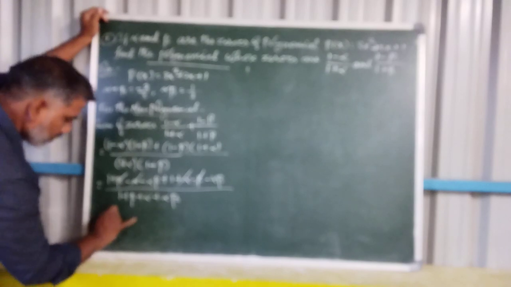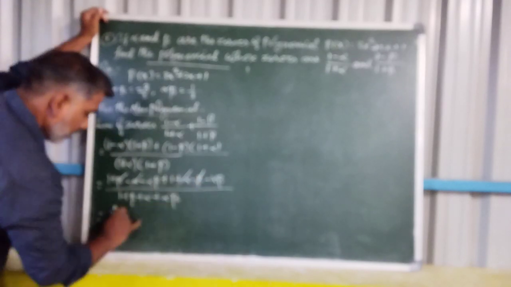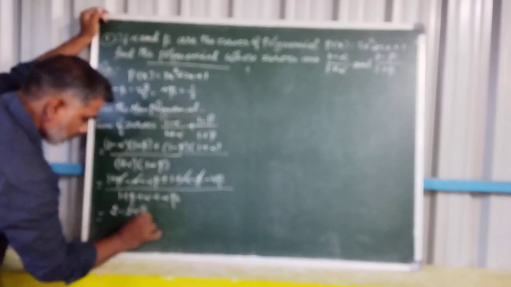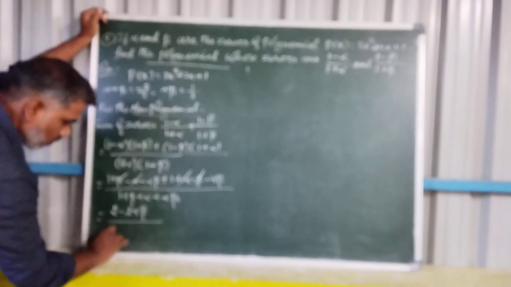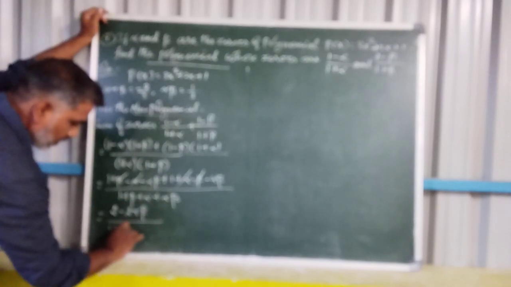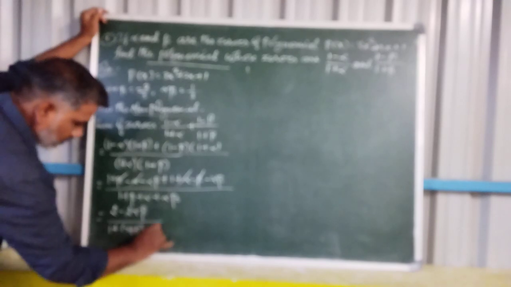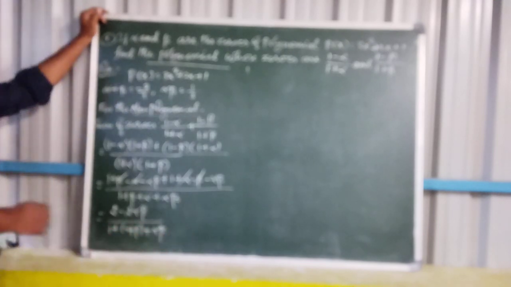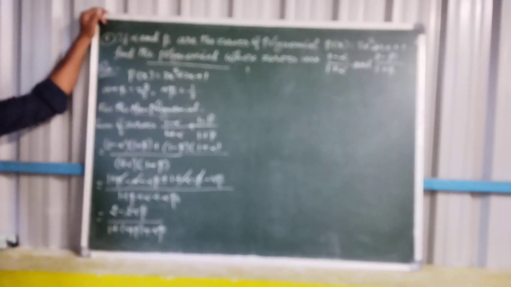What is remaining? 2 minus 2 alpha beta divided by 1 plus alpha plus beta plus alpha beta. I am just changing the order, we can interchange and write it, putting it in brackets. Good.